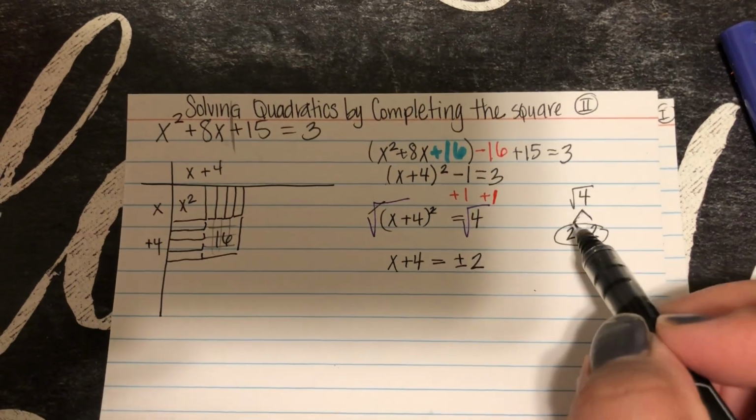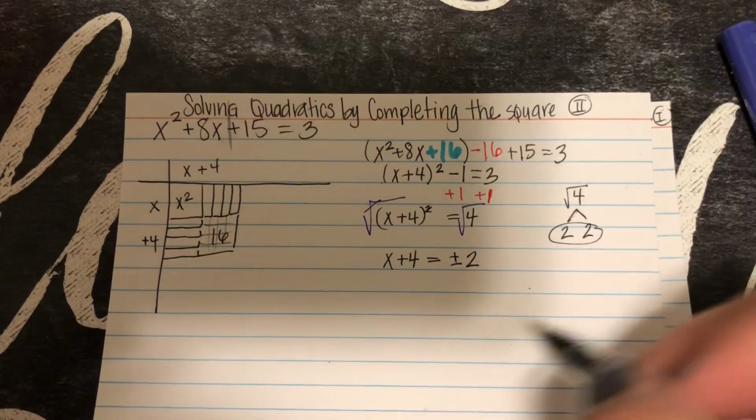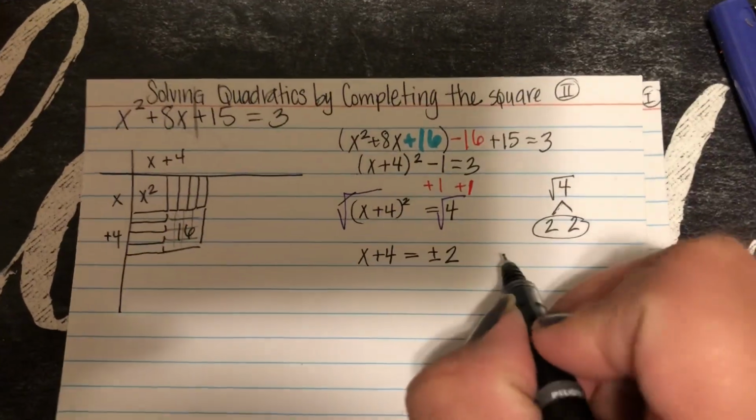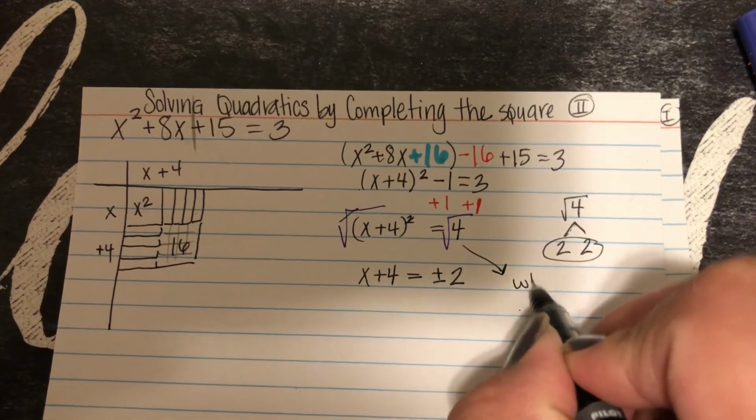When you have a perfect square, you do not bring the radical down. Okay? I wish I could write clearly, so I hope this comes out good for you guys.